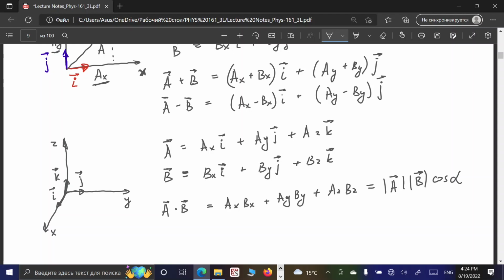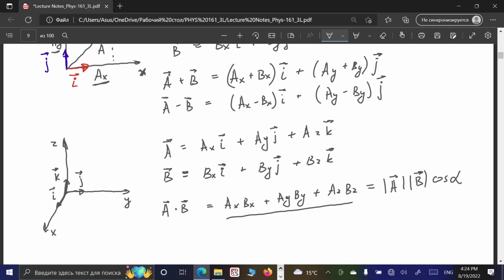So in this case, it is quite straightforward. You see that here we don't have any unit vectors, meaning that this sum of three terms gives us just a scalar number. There is no information about direction. So with the dot product, everything is clear.